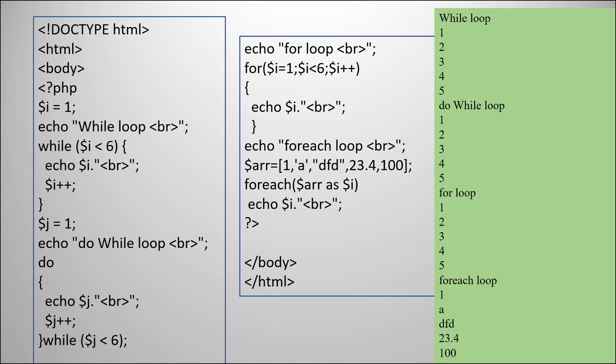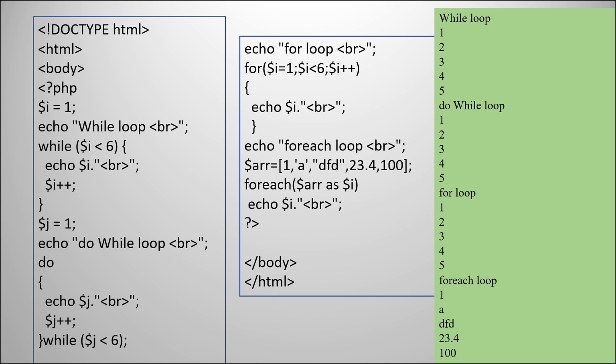Similarly, the same thing will be written using a do while loop. Same part, initialization will be outside the do loop, and then within the do loop you are going to print the value and the increment, and in the while part we are going to verify the condition.